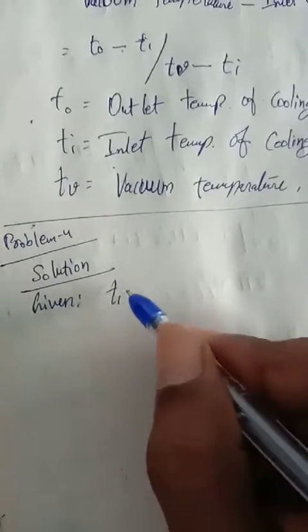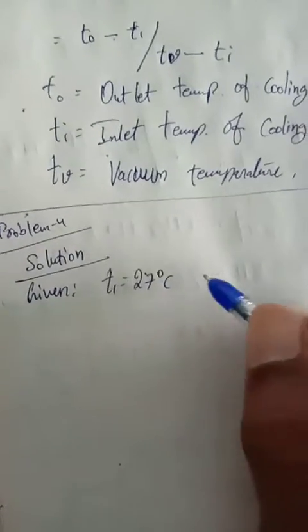Going to write given data. Ti is equal to 27 degrees Celsius.